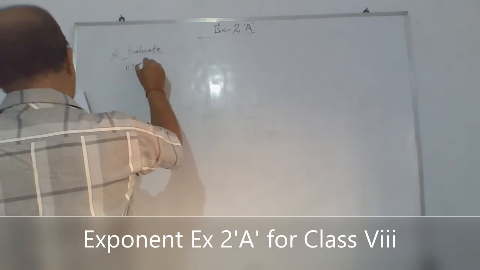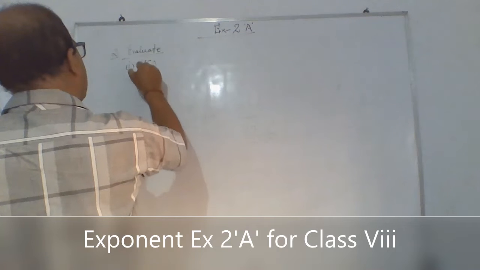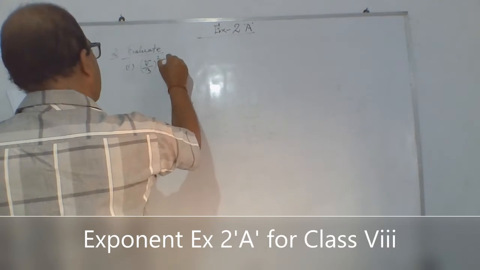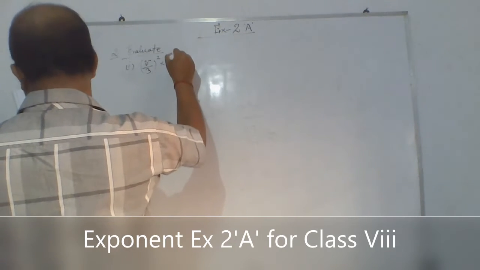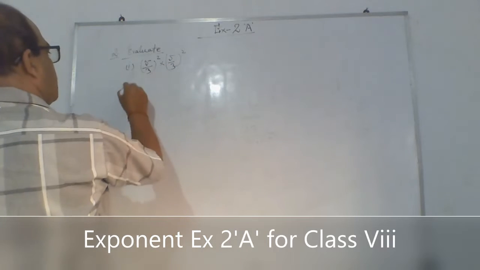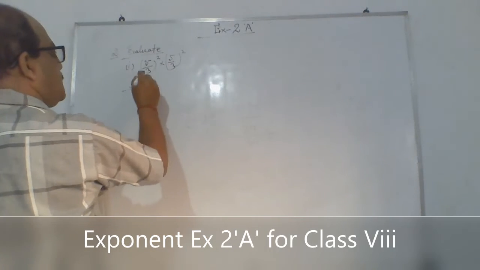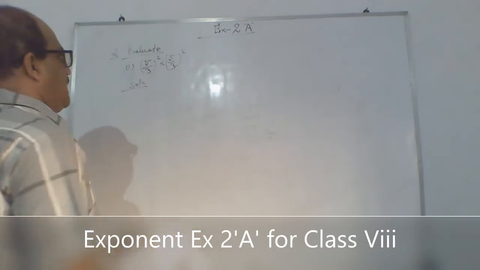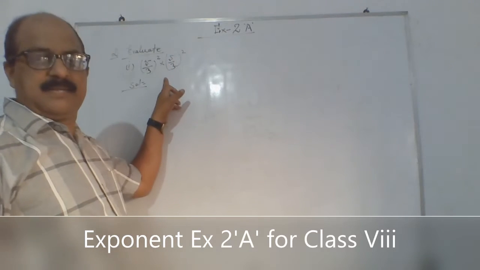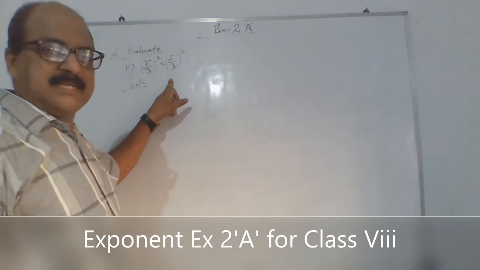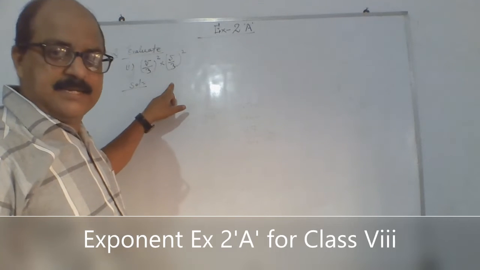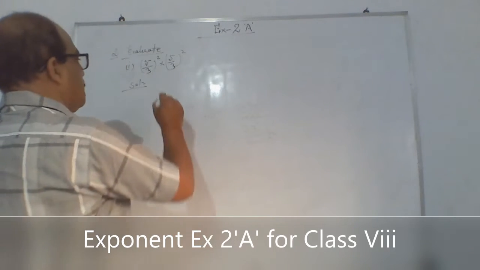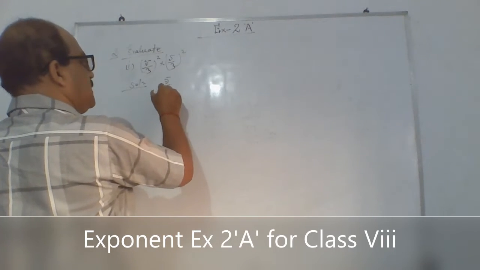First, 5 by 3 to the power 2 into 5 by 3 to the power 2. Solution of it. The base here is 5 by 3 and 5 by 3. In both cases 5 by 3 is taken as the base. So 5 by 3 will be taken as common.